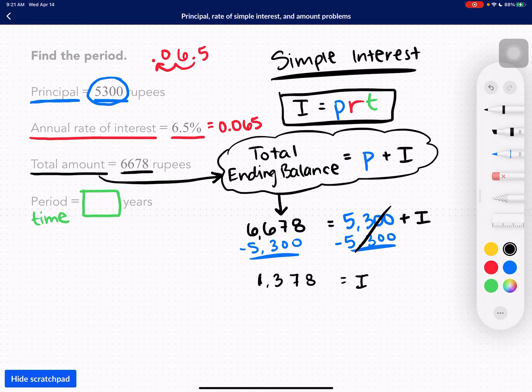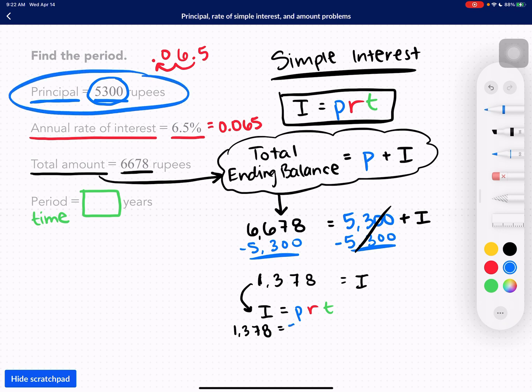So we know interest equals the principal times the rate times the time. We know now that the interest is 1,378. We know that the principal up here is 5,300.